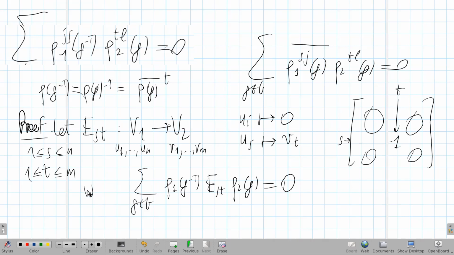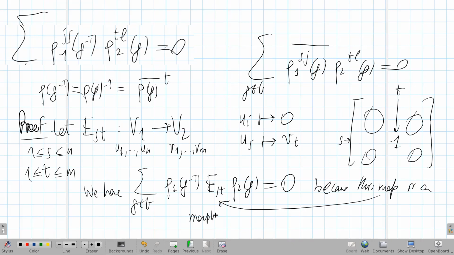So we have, because this map here is a morphism of representations. I'll continue on the next board, but I'll leave you time for writing this down. So this map is a morphism of representations.